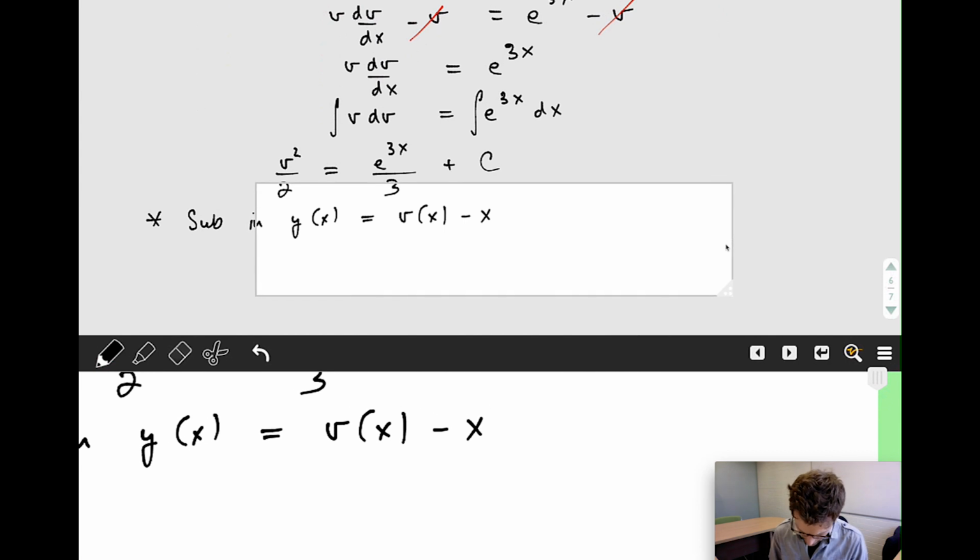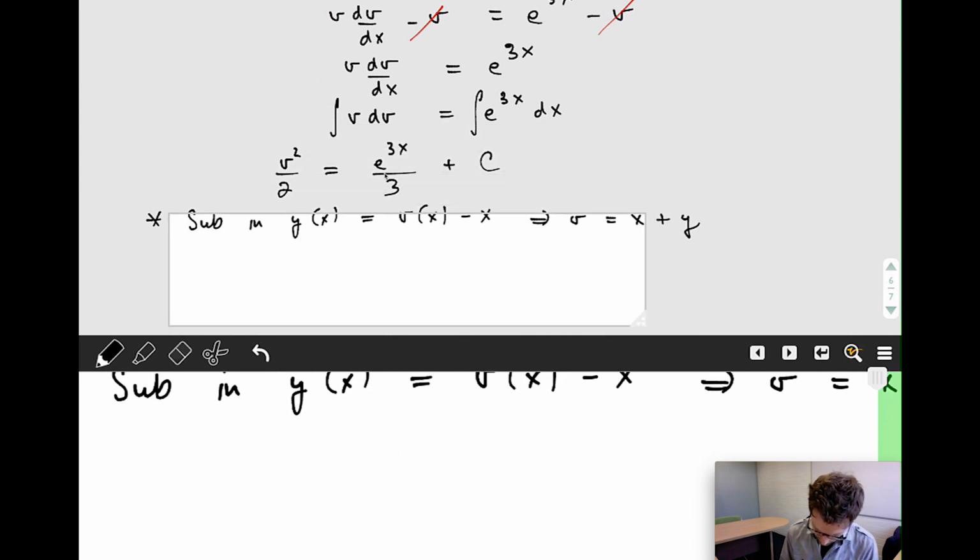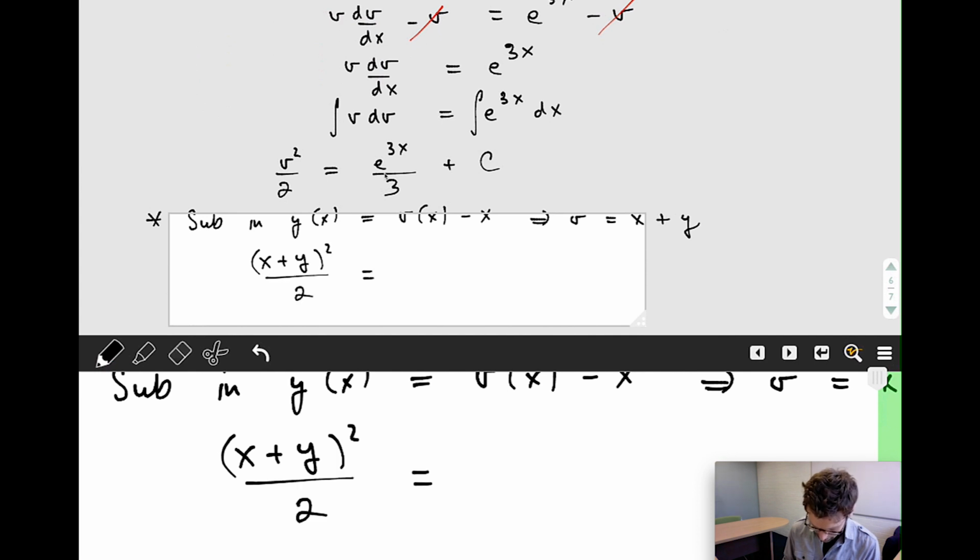So in fact, it's actually easier in this case to use the fact that v is equal to x plus y, because we've got an implicit equation here for v. I don't want to take the square root because that'll give me two solutions. I want to keep this in the form of one solution. So if I do that, I'm going to get (x + y) all squared, over 2, is equal to e^(3x) over 3 plus c.